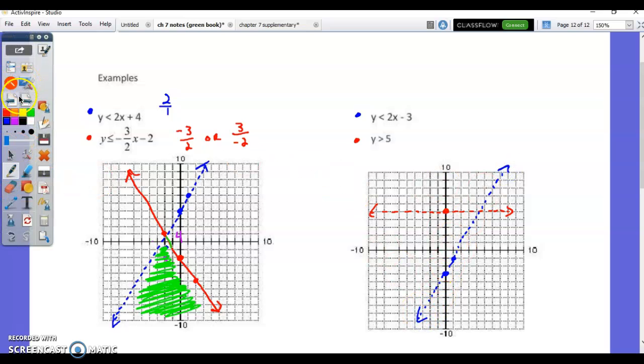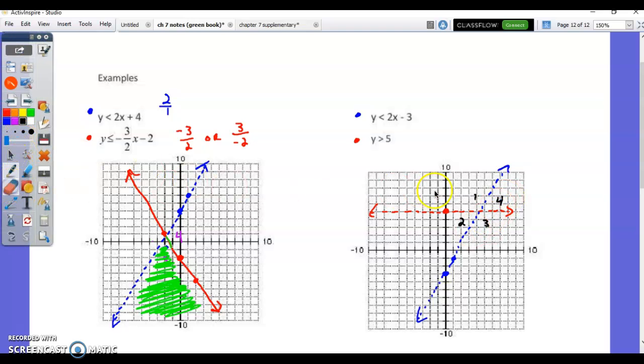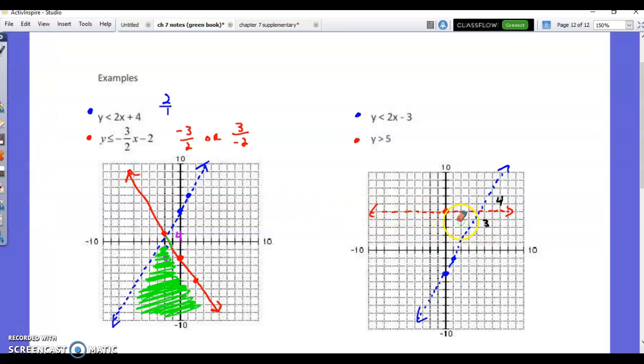All right, let's look at our quadrants. Here we go. Let's in no particular order, 1, 2, 3, 4. I got to figure out where they share. So if I look at the blue, this is y is less than. So blue is below the blue line. So it's going to be 3 or 4, not 1 or 2. So I'm just going to ignore those for right now because I know it's one of those two.